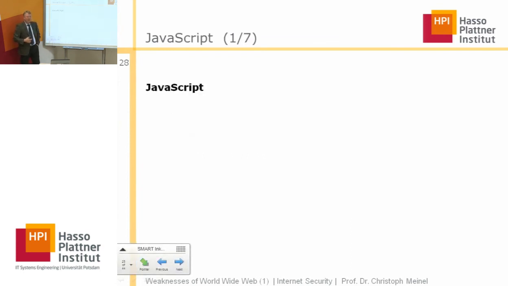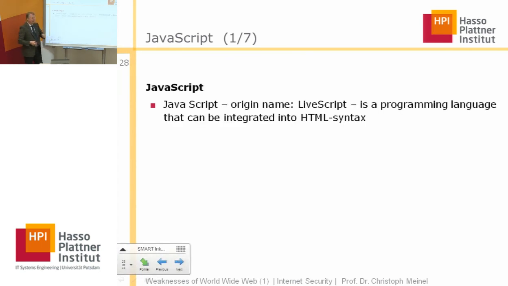Let's come to another tool that makes the web so attractive and dynamic, and provides interactivity tools and others. And this is JavaScript. The original name of JavaScript, for example, was LiveScript. JavaScript is a programming language that can be integrated immediately into HTML syntax.